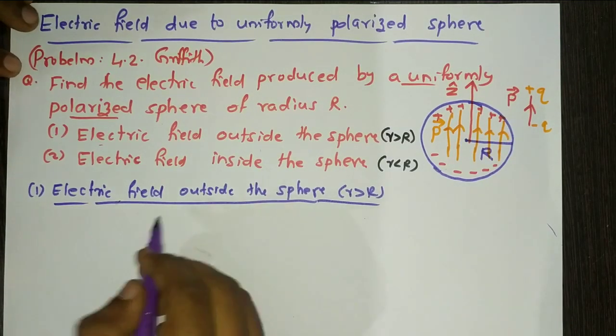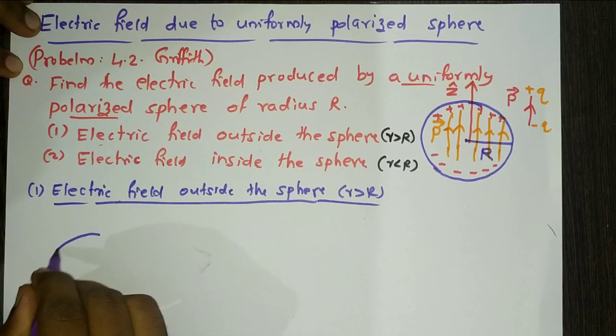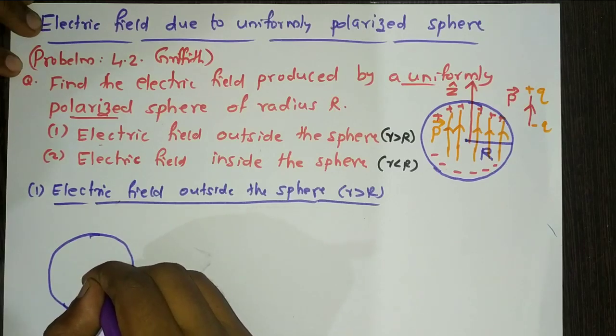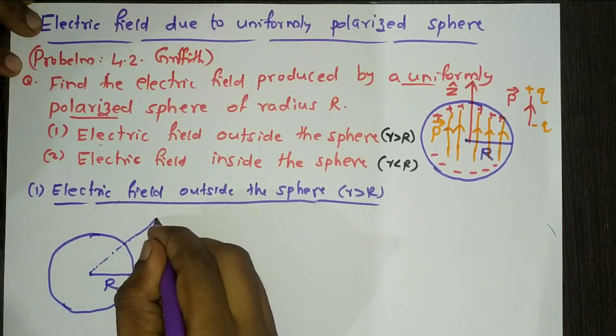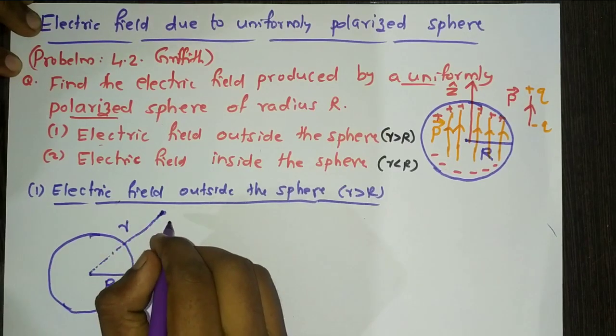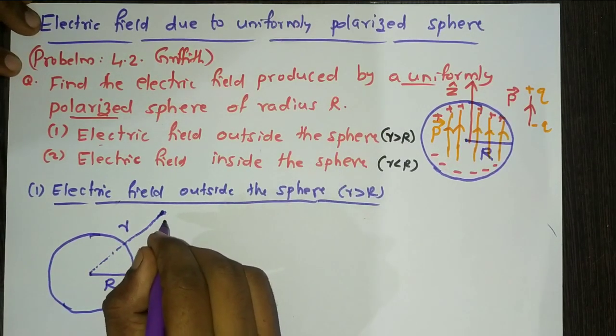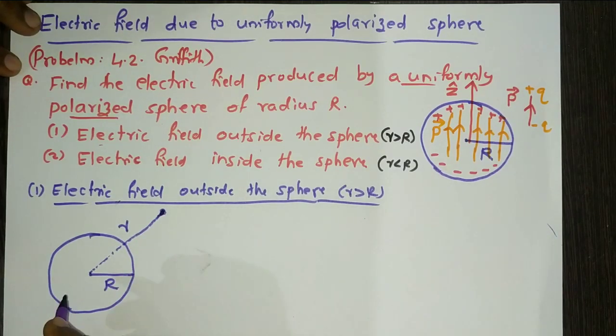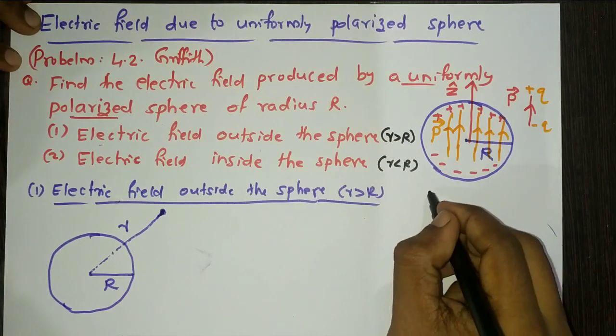Let me draw the figure first. We are interested to find out the point that is outside. We need to find out the electric field at this point. For this, the tool that we have is this one.